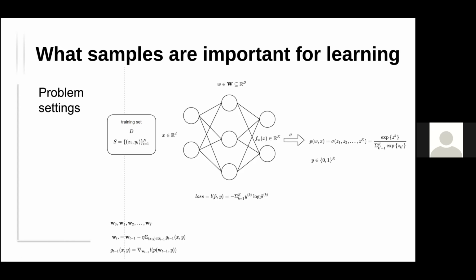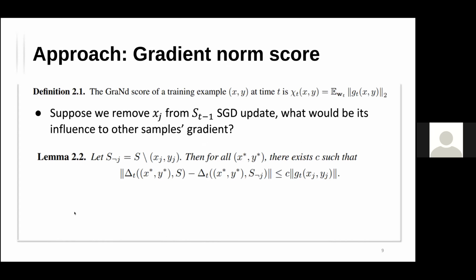Then we can talk about how they calculate the gradient norm score for a training sample. Basically, suppose we remove xj from S_{t-1} in the stochastic gradient descent, then what would be its influence on the other samples' gradients?